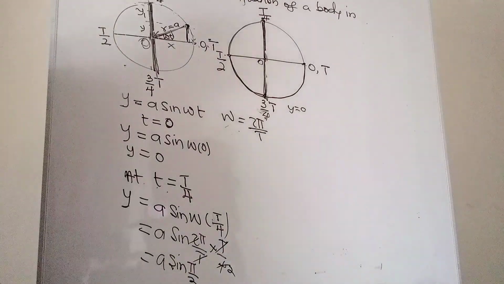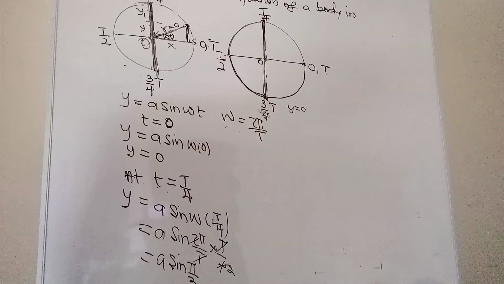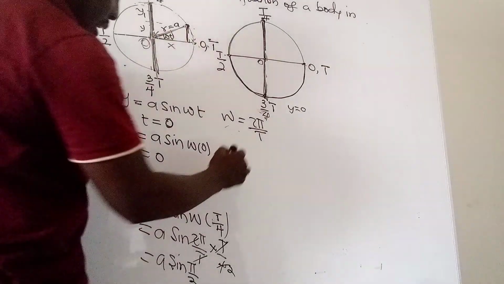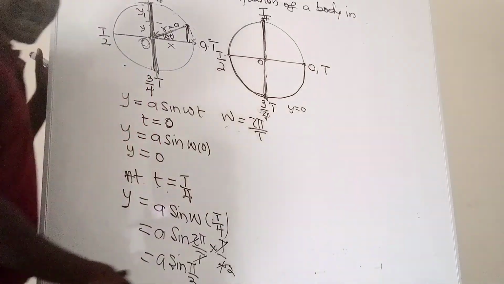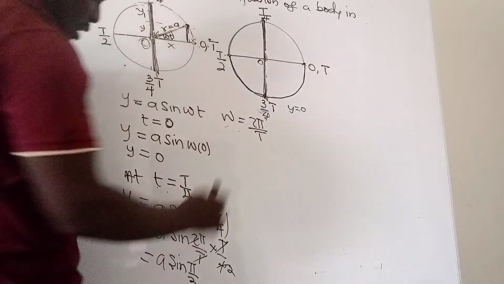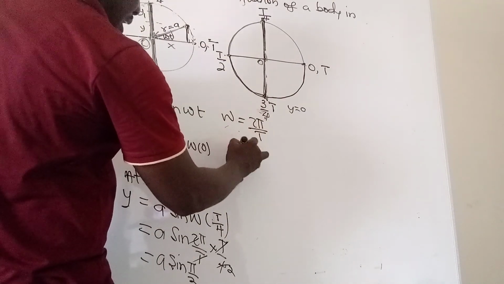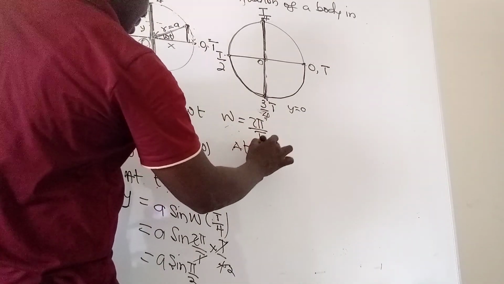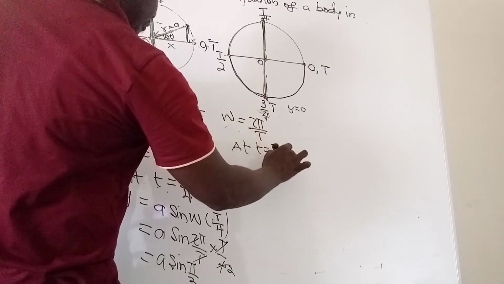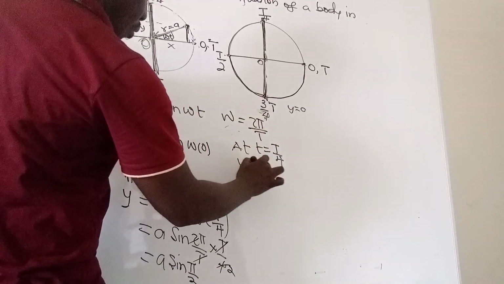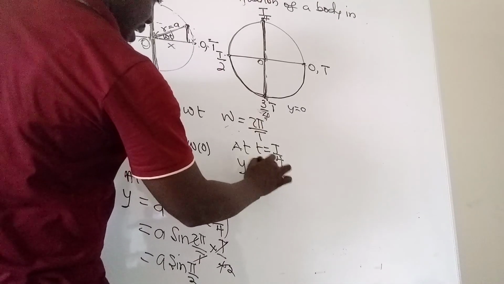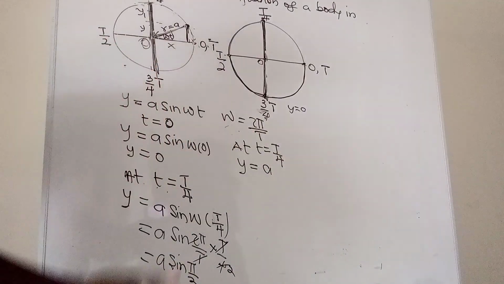What is pi on 2? Pi on 2 is 90. And sine of 90 is equal to 1. So it means that at the time t is equal to T on 4, the displacement y is equal to a.